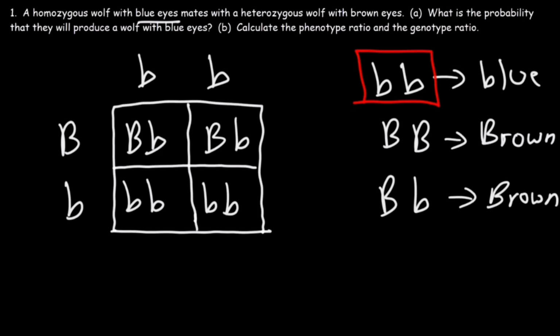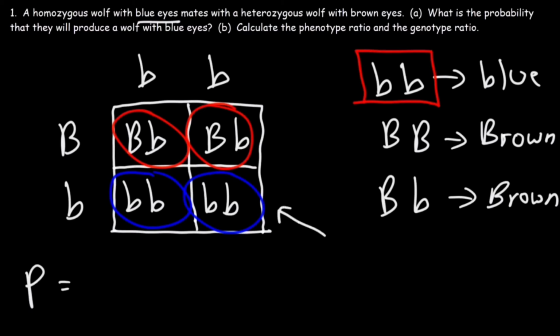What is the probability that they will produce a wolf with blue eyes? This represents the genotype of a wolf with blue eyes, and these genotypes represent a wolf with brown eyes. To calculate the probability, you look at how many have been chosen.